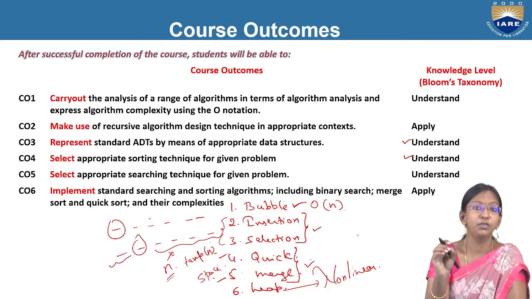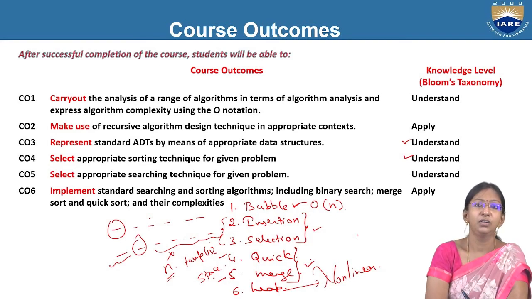All these properties of all the sorting techniques you'll be learning. So once your objectives are met, the outcome will be you'll be able to decide which sorting technique is the best suitable for a given list of elements with the basic amenities you have in your hands, right? So that is the CO4.